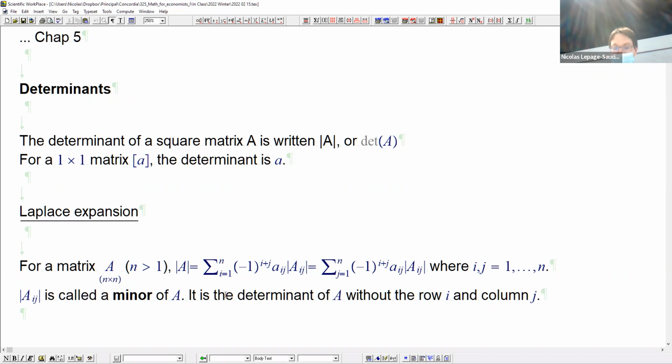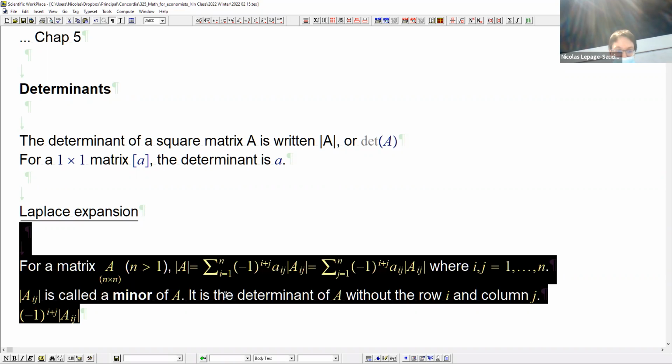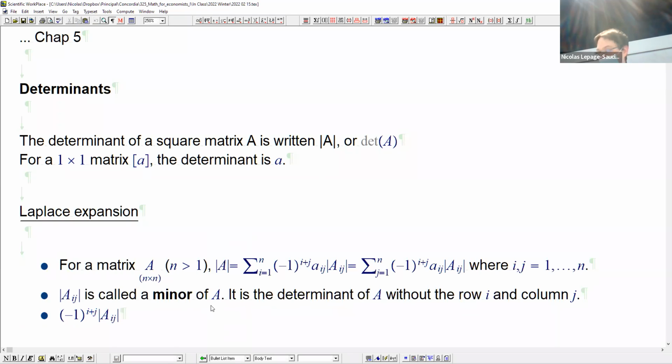And (-1) to the i plus j times the minor is called, just so you know what we're talking about, a cofactor.